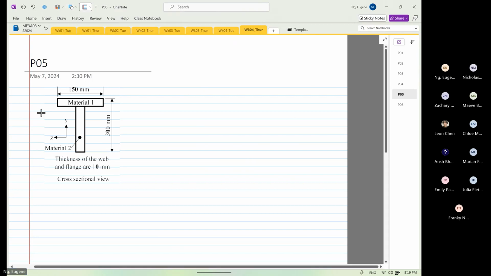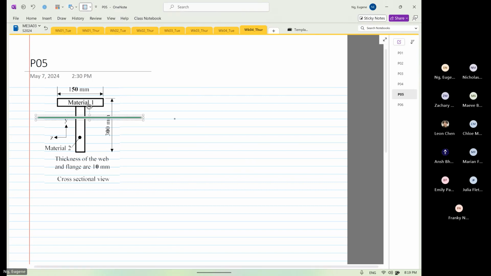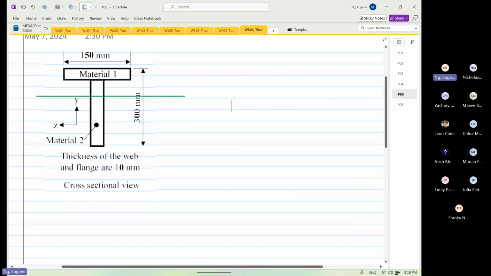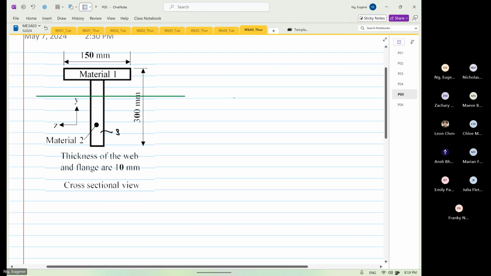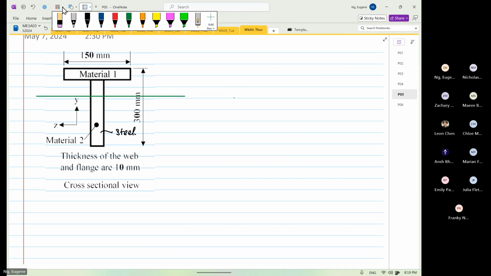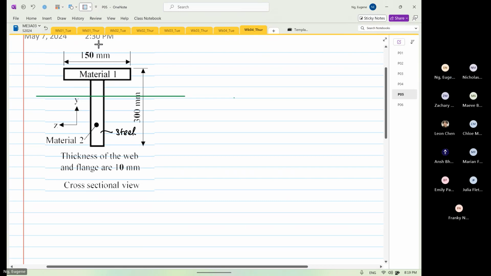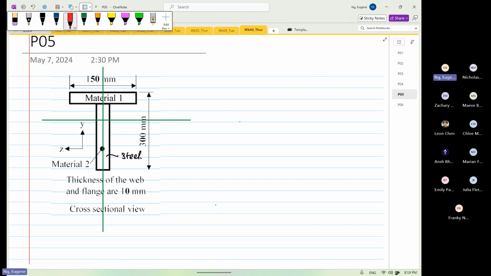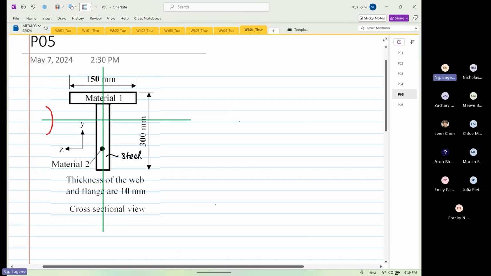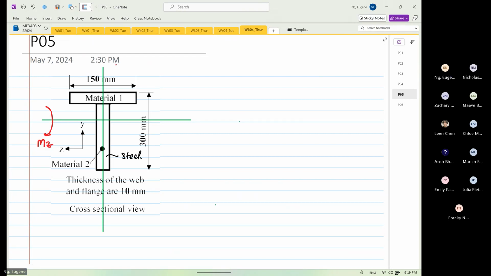So now we are going to focus on our steel. Right, so I'm going to sketch out the centroids. And we know that this is our moment in Z, in this direction.